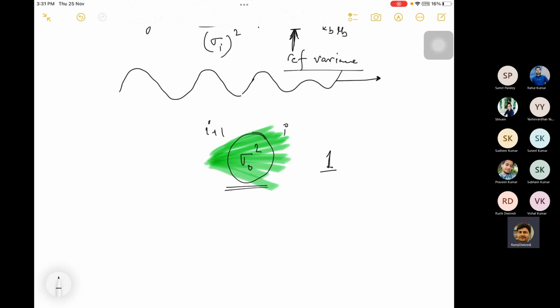An arbitrary choice of a priori variance factor sigma naught square does not influence the estimated values of adjusted parameters, adjusted observations, adjusted residuals, and estimated variance covariance matrices of these adjusted values. That means whatever you are estimating, this sigma naught square value does not influence the estimation.